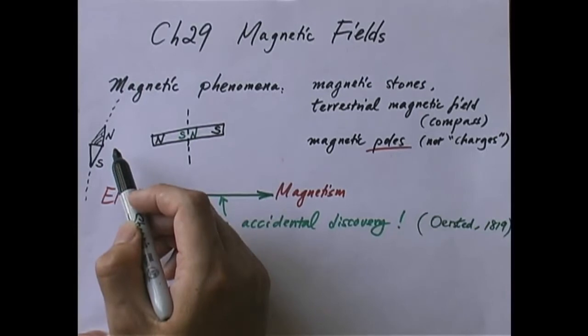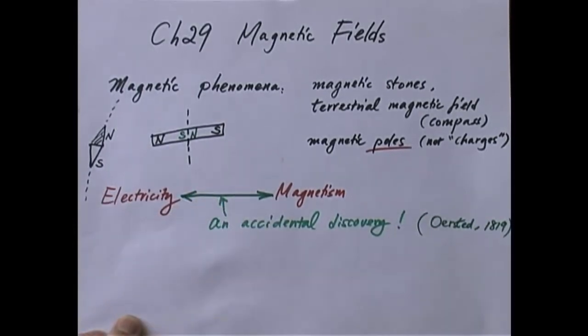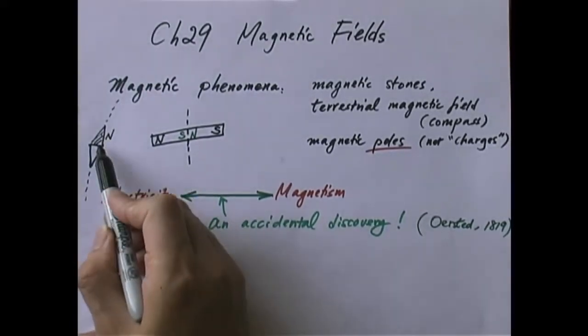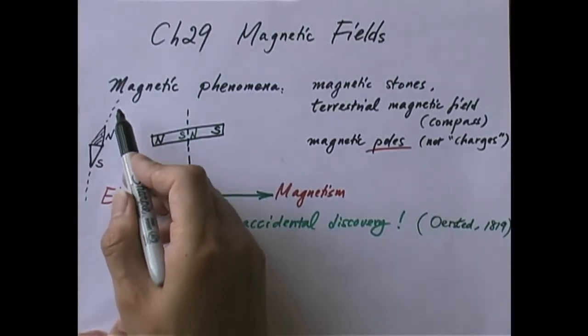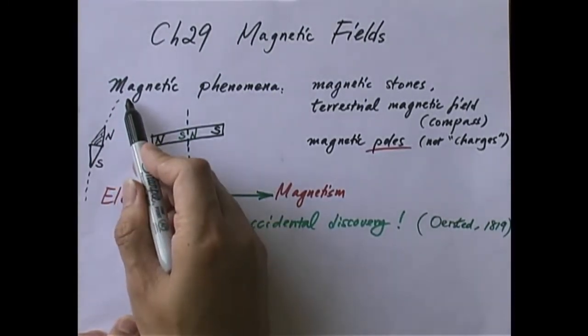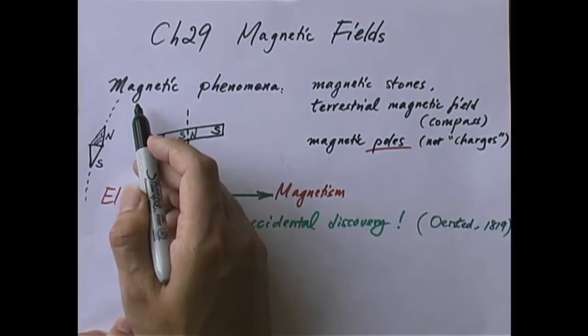And again, this is because the Earth has its own magnetic field, and since unlike poles attract, if the north pole of the compass points towards the geographical north, tell me, near the geographical north of the Earth, which is the Arctic region, would you find the north or the south pole of the magnetic field of the Earth? In other words, is the geographical north of the Earth its magnetic north pole or its magnetic south pole?